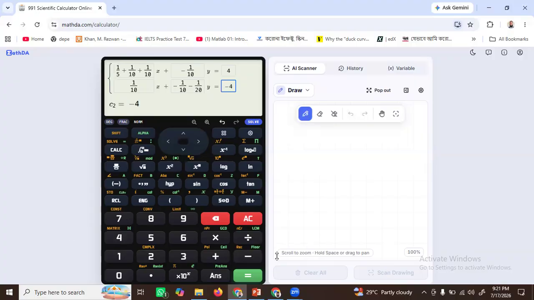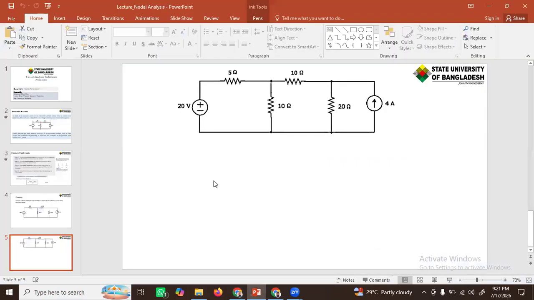Now for solving these, you can press equal or solve. So here we get the X value as 20 and the Y value as 40. That means V1 is equal to 20 volts, and V2 is 40 volts.